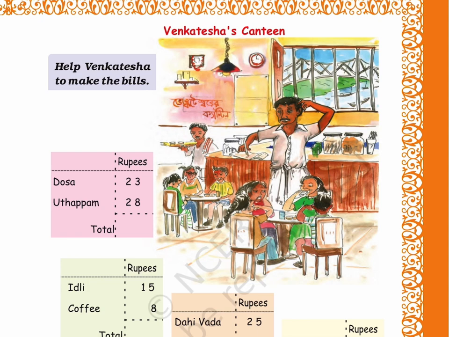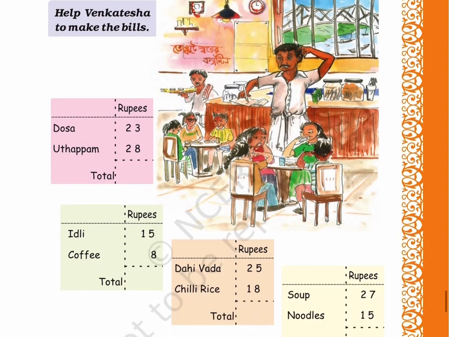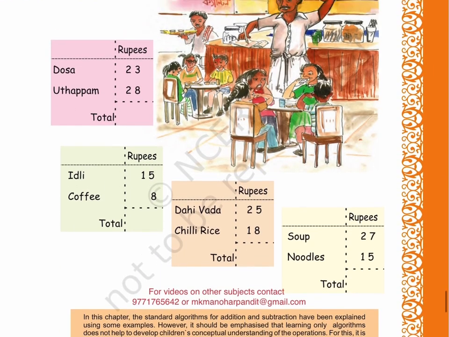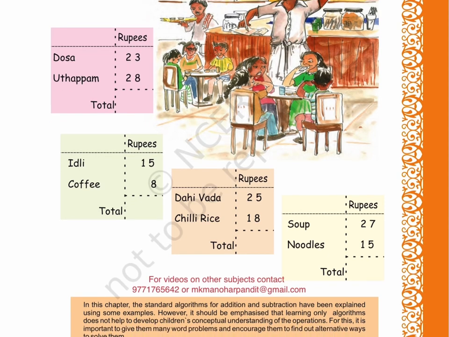Then what will be the total bill amount? Row 1, column 1, dosa, column 2, rupees 23. Row 2, column 1, Uttapam, column 2, rupees 28. Row 3, column 1, total, column 2, rupees dash.